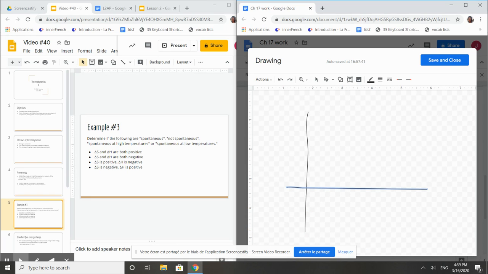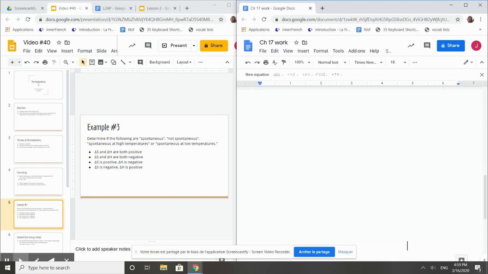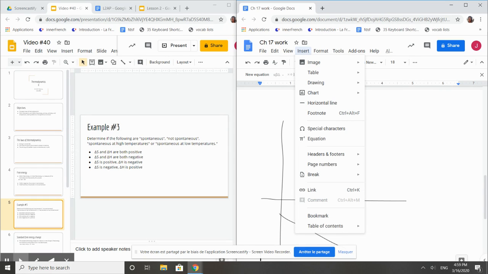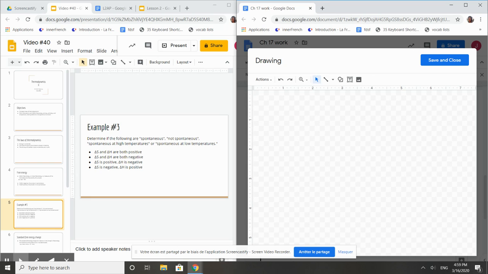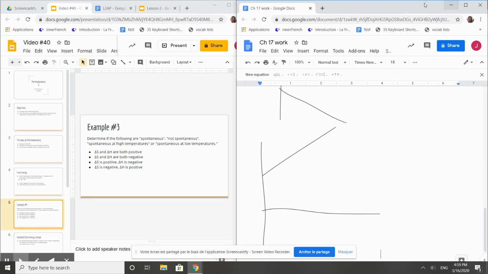So this is spontaneous at all temperatures. And then this, my delta H is positive and my delta S is negative. So this is never spontaneous under any conditions.